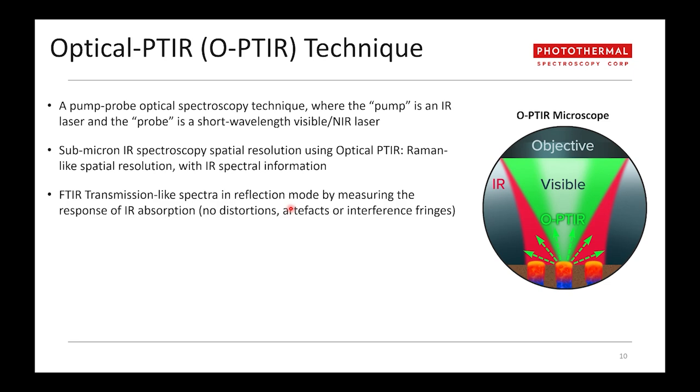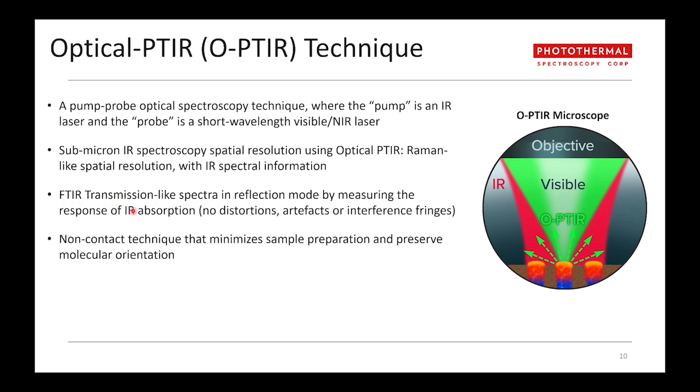We work primarily in reflection mode, which is the easy way to operate because you don't worry so much about thickness. But even though we work in reflection mode, we generate FTIR transmission-like spectra without any of the traditional artifacts and distortions. It's non-contact and the spatial resolution is wavelength independent.